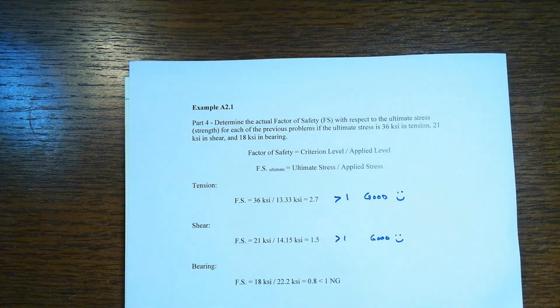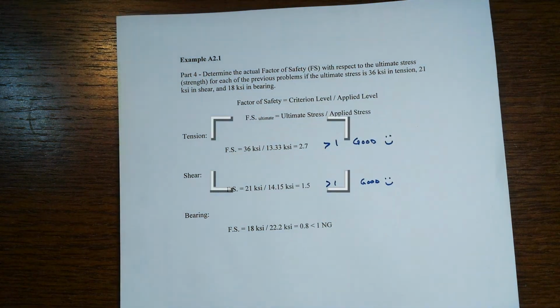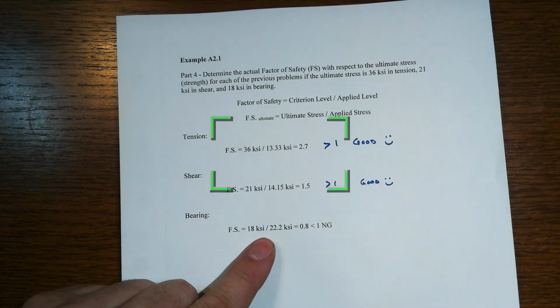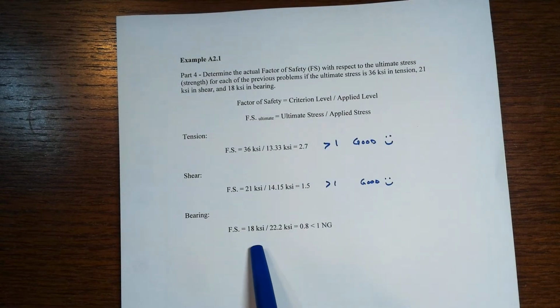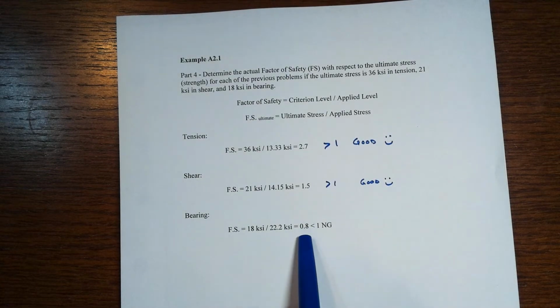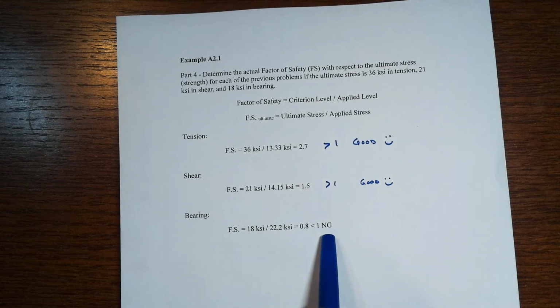The problem here is that with this particular set of loads on the structure, we ended up with bearing on that I-bar that was larger than the criterion stress that was given to us. By about 20%, we're not strong enough. That's absolutely no good at all.